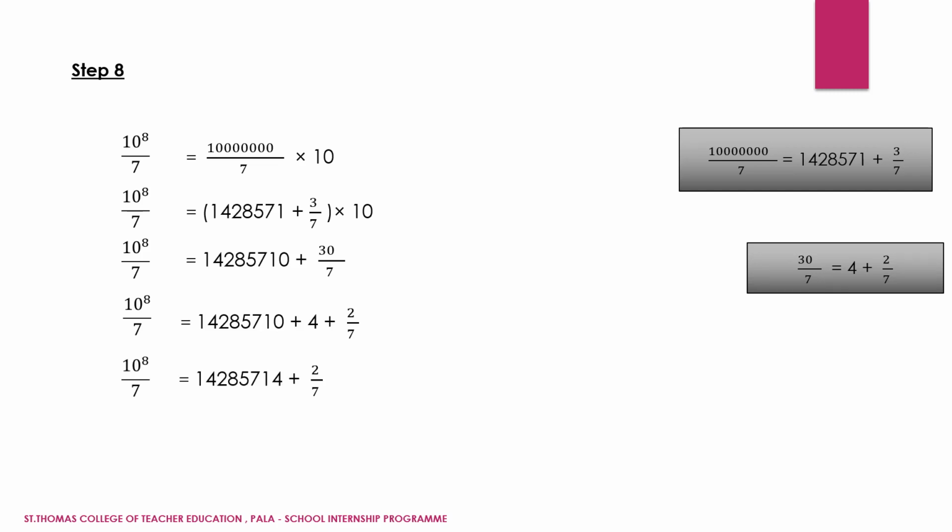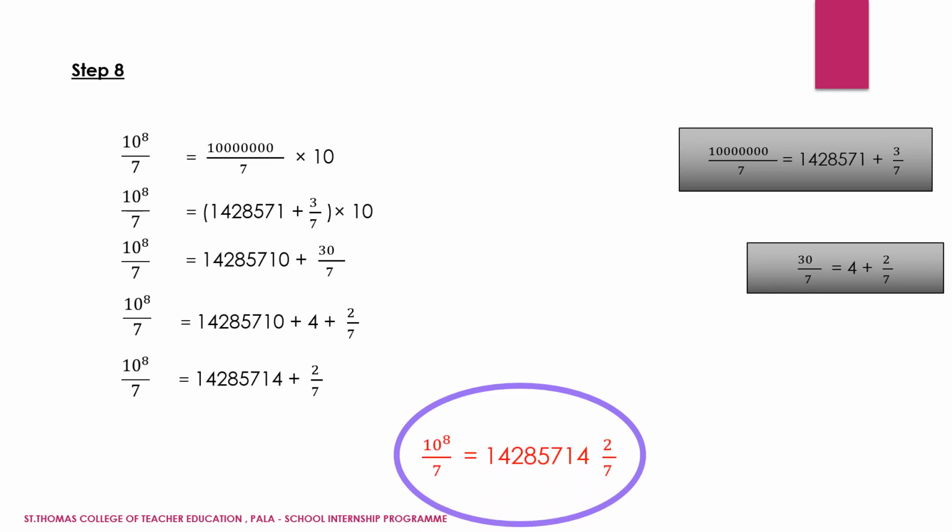Now we are adding and we get 1,42,85,714 plus 2 by 7, which we can write as 10 raised to 8 by 7 equivalent to 1,42,85,714 2 by 7.